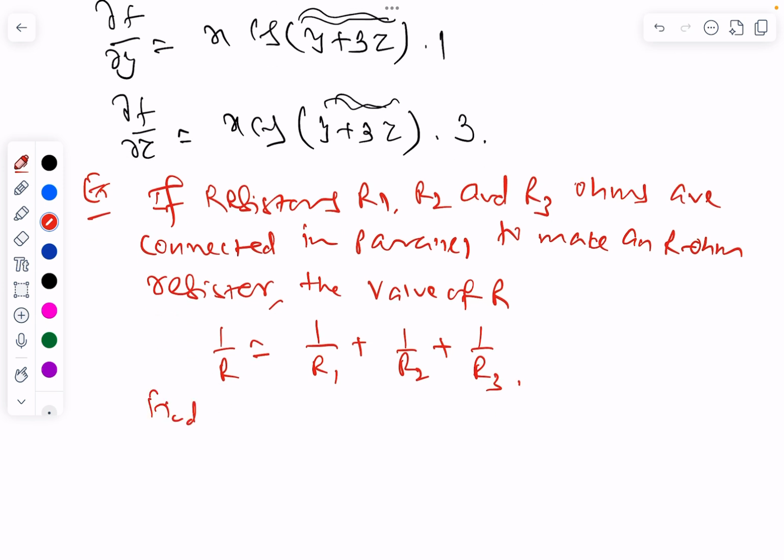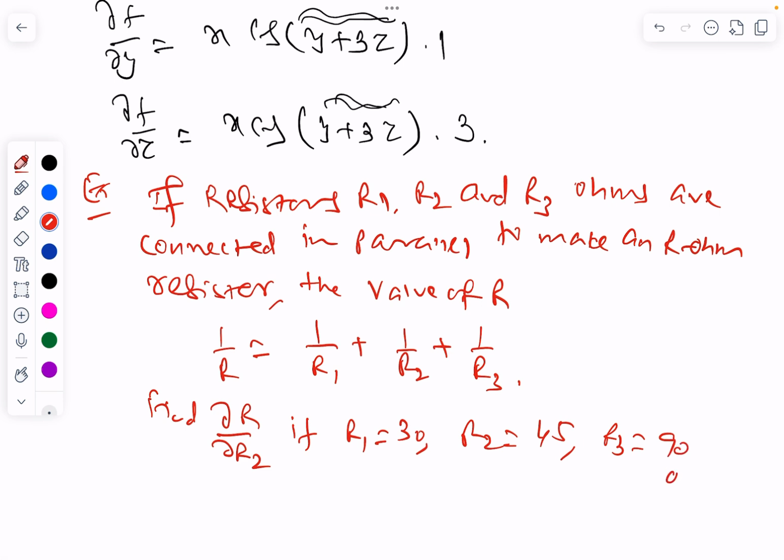Find del R by del R2 if R1 equal to 30, R2 equal to 45, R3 equal to 90 ohms.